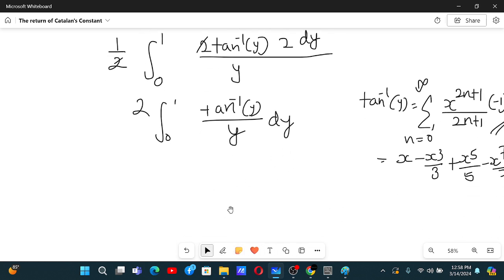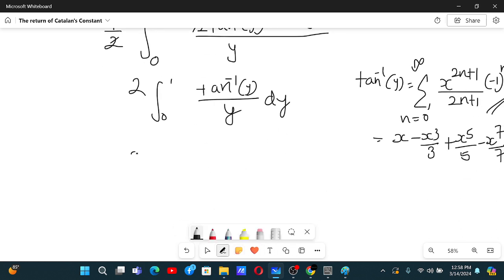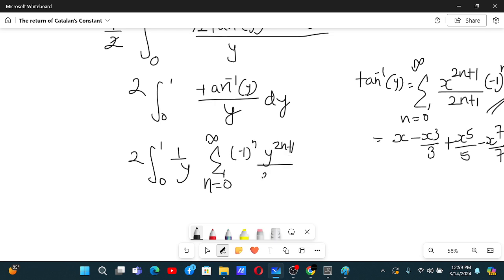Now over here also you can use the series expansion of the tan inverse function. That gives us integral from 0 to 1 of 1 by y times the sum from n equals 0 to infinity of minus 1 to the power n, y to the power 2n plus 1 by 2n plus 1, dy.